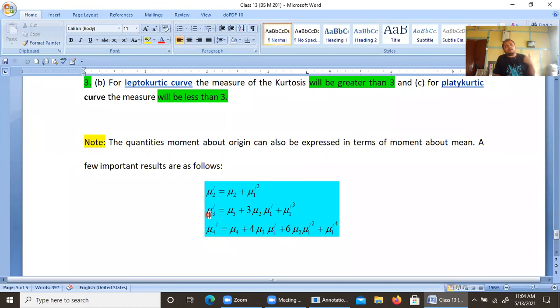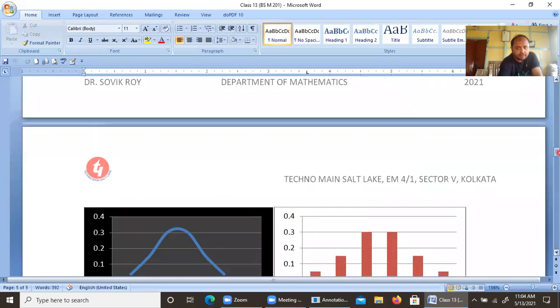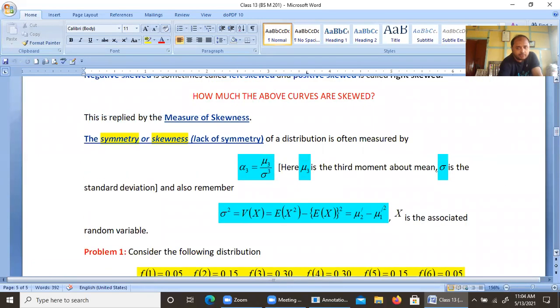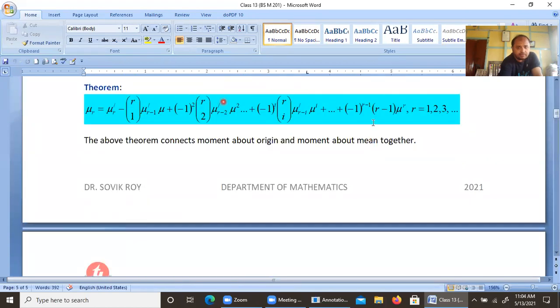But I shall ask you to forget this particular set. Just try to remember the original theorem which I showed you in the beginning of the class, in the first session. I shall ask you to always remember this result. This is the main theorem which is important for you.